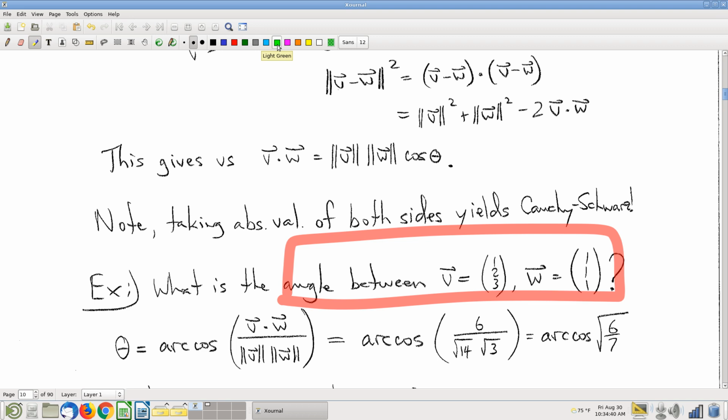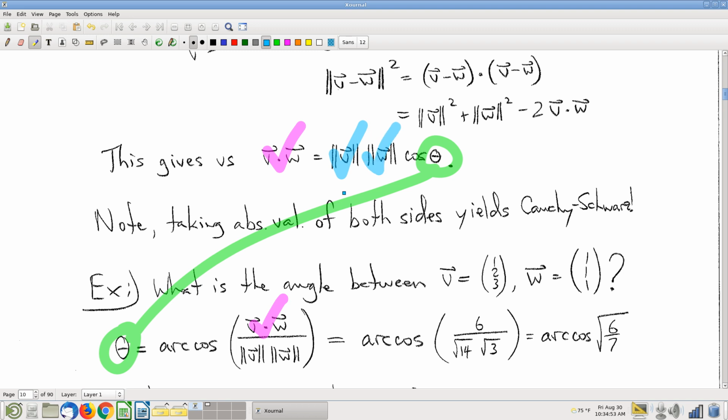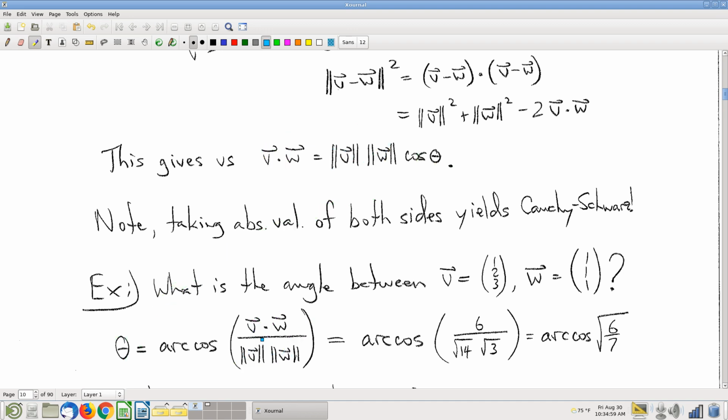But it's an easy problem from a dot products point of view because you can just solve for theta in that formula. Note that the dot product is easy to compute, these magnitudes are easy to compute, and it's just arithmetic then. You're left having solved for that angle just fine and dandy.